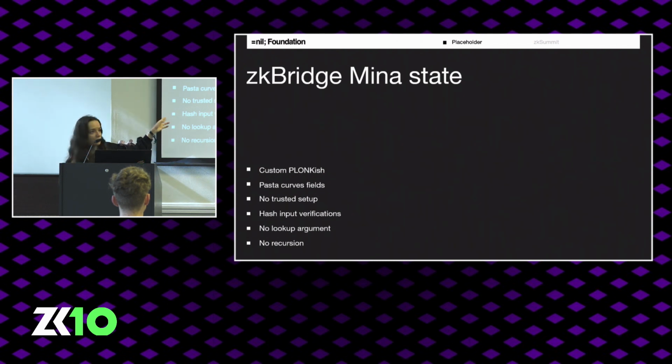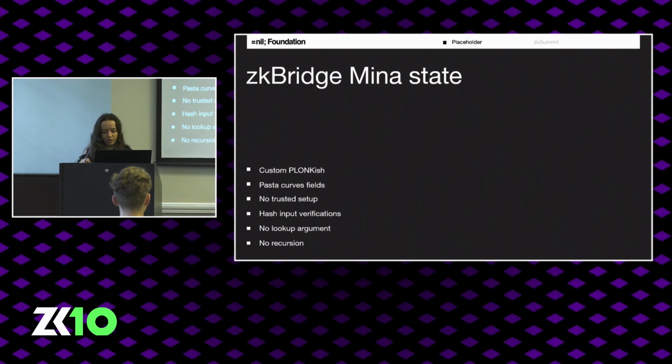It would be the Pasta curve fields. There wouldn't be any repeatable calculations inside, so we need to use custom Plonkish gates. And as I said, Pallas and Vesta are the best choice for LPC and FRI, so we would use this option, and we get no trusted setup.